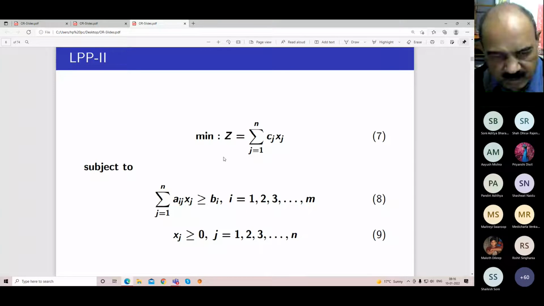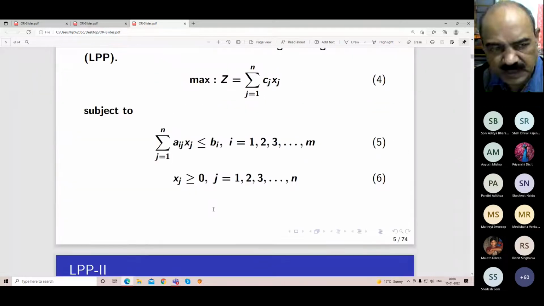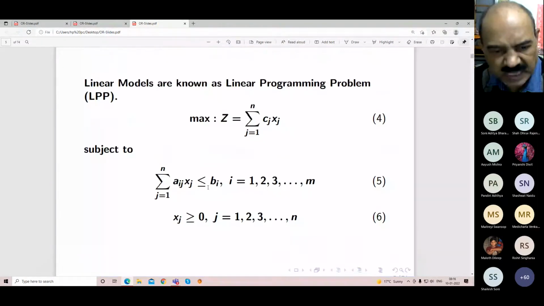Generally, in the minimization type problem, we use greater than or equal type constraints, and in the maximization type problem, we use less than or equal type constraints. It may happen that all types of constraints are also available in a maximization type problem, or in a minimization type problem. This may also happen, so we will take care of such models also.